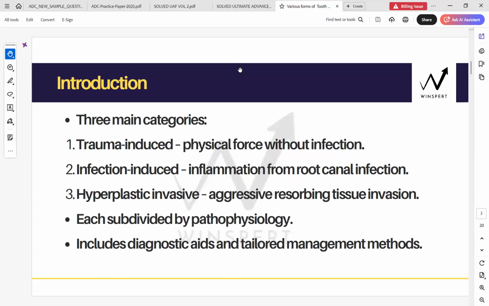So it is an aggressive resorbing tissue invasion by granulation tissue. We are going to be talking about hyperplastic invasive, infection induced, and the trauma induced resorptions. So each category, 3 main categories, also has 2 or 3 different subcategories, which I will be covering individually. Okay.